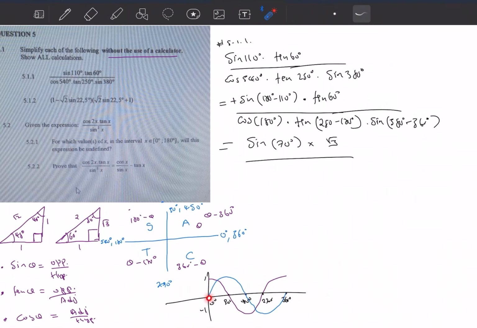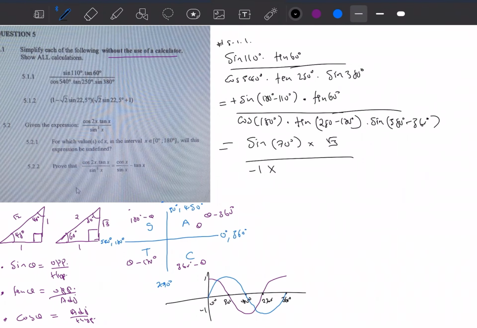Sine of 0 is 0, sine of 90 is +1, sine of 180 is 0, sine of 270 is -1, sine of 360 is 0. So cos of 180 is -1.